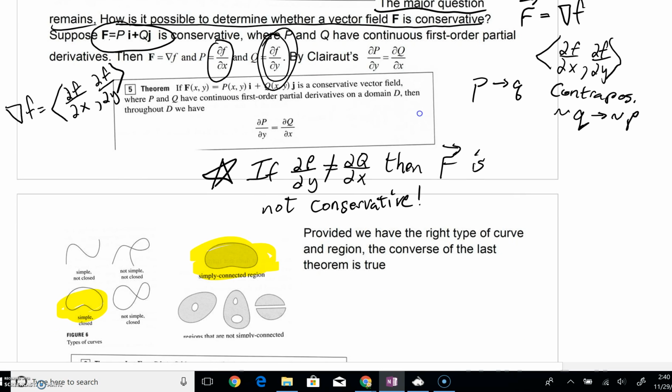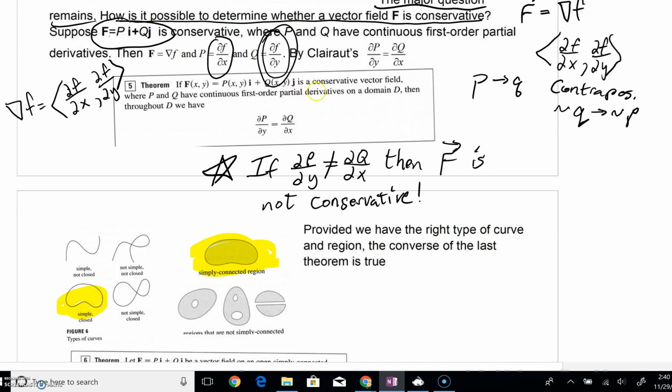So if we have a conservative vector field, the partial derivative of P with respect to y should equal the partial derivative of Q with respect to x.